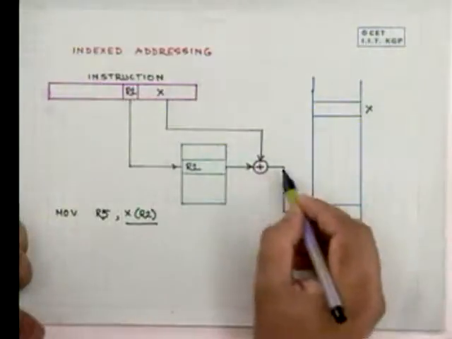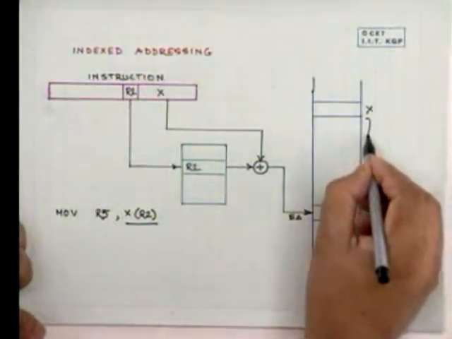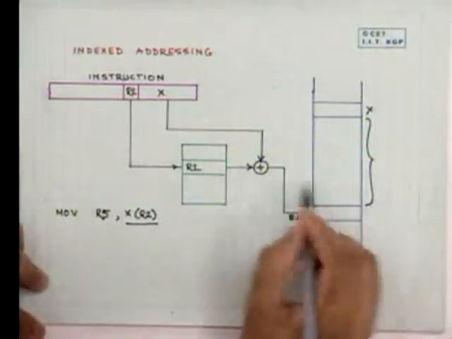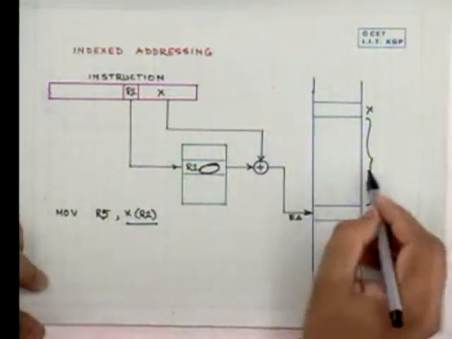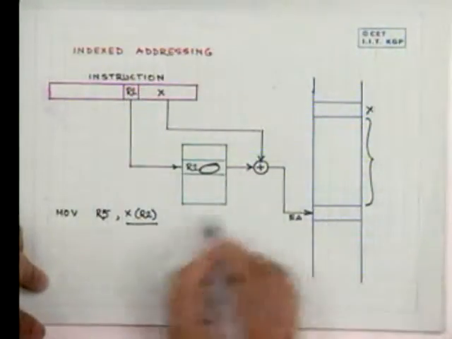Therefore, X is as if a displacement, say this is a displacement, that is contained in R2 and is added to get the effective address from where the content is taken.